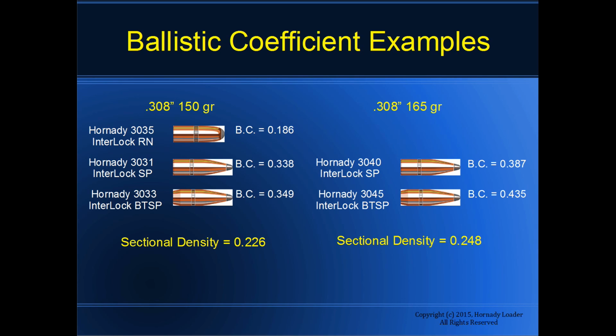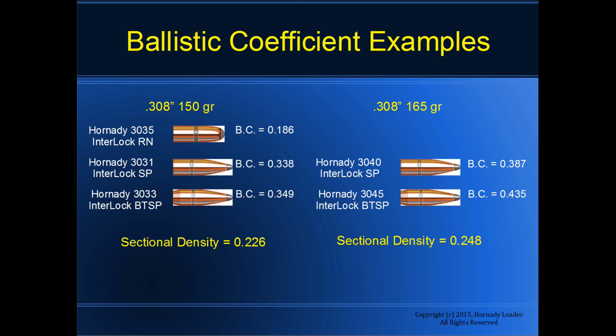Even though the 3033 bullet has a lower ballistic coefficient, you can load that bullet to a higher velocity than you can with the 3035 or the 3045. So given that, you may achieve a better trajectory or a flatter trajectory with the 3033, even though it has a lower ballistic coefficient, because you're shooting it at a higher muzzle velocity.